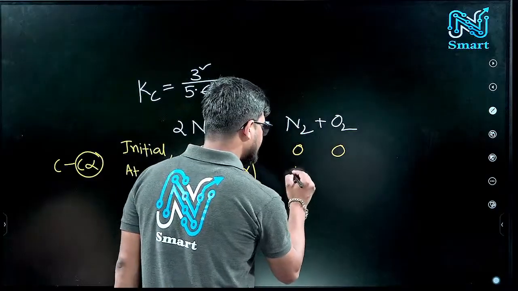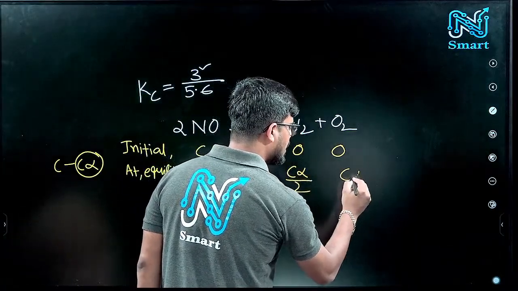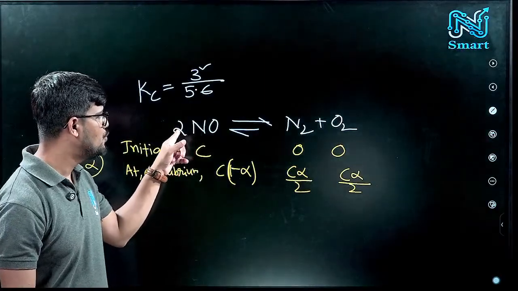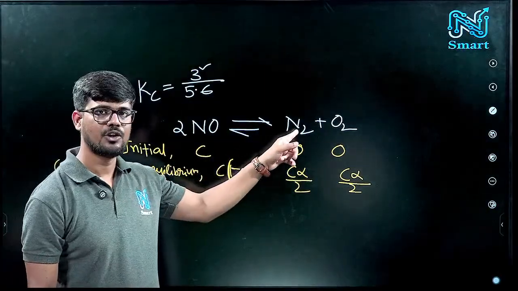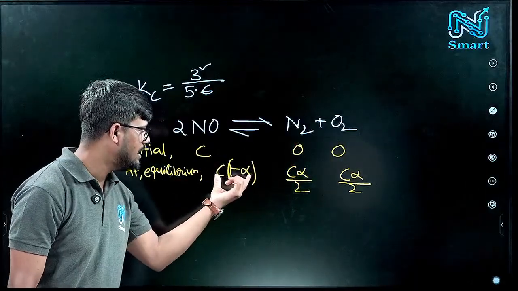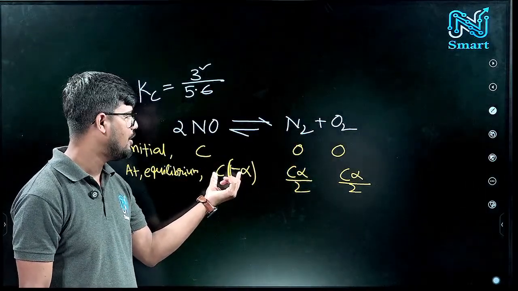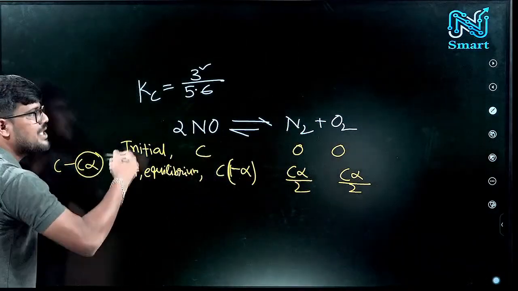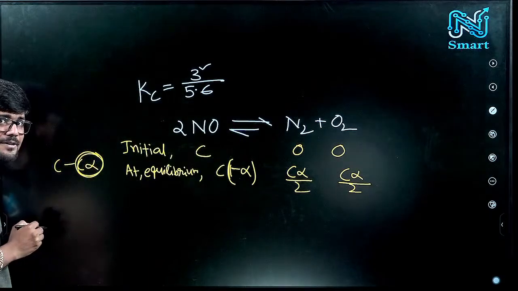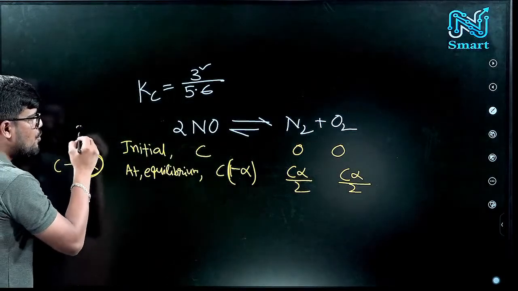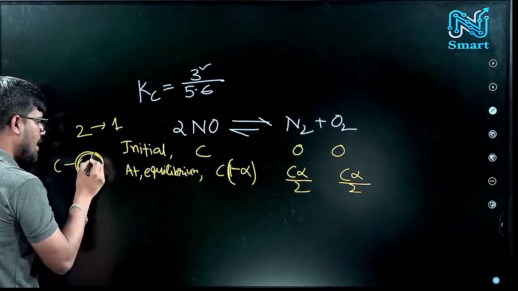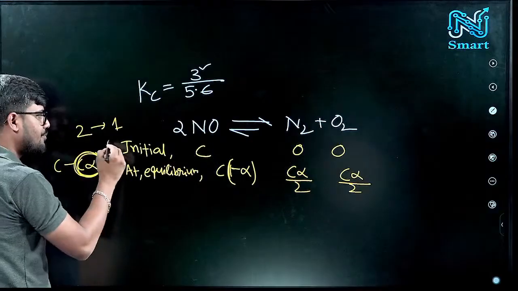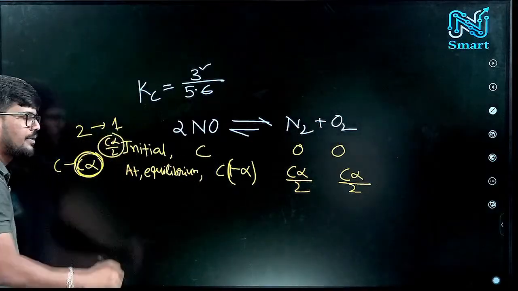So here it will be C alpha by 2 and here also C alpha by 2. How am I writing C alpha by 2? Just check. From 2 molecules of NO, I am getting 1 molecule of N2. Then this is the remaining NO. How much is converting? Only C alpha is converting, right? If 2 molecules of NO give 1, then C alpha molecules of NO convert to C alpha by 2 molecules of N2.